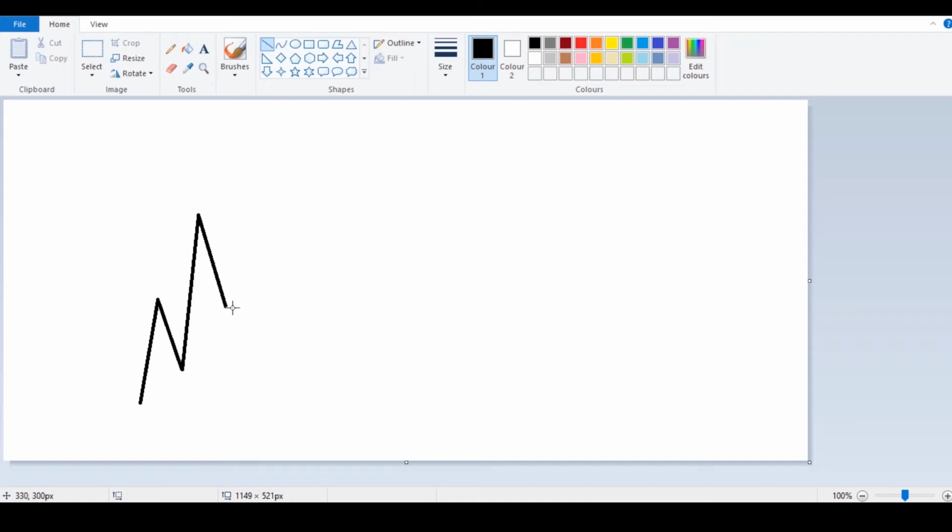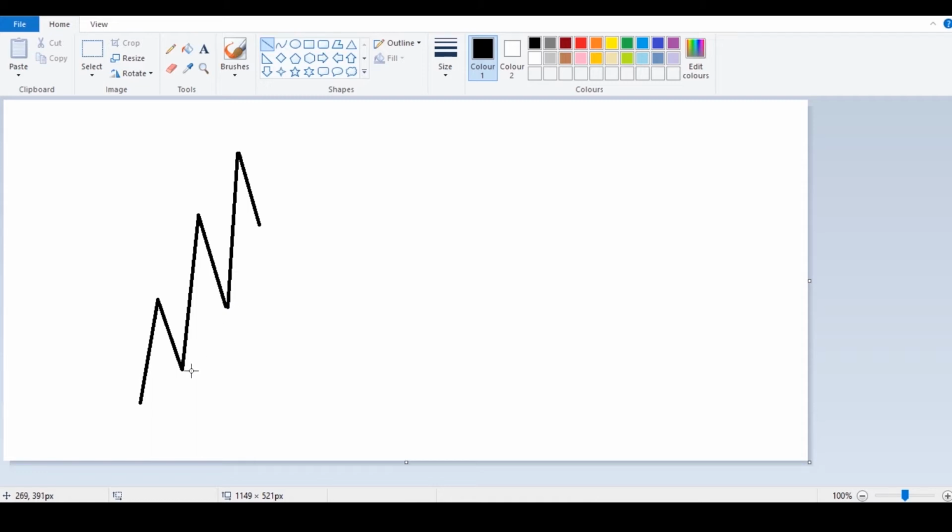So you'll find price moving up and then coming back down, moving up, coming back down, but in a specific pattern. So price will move up, come back down, move up again, but this time when it goes up, it'll be higher than the previous one. And then it'll come down.